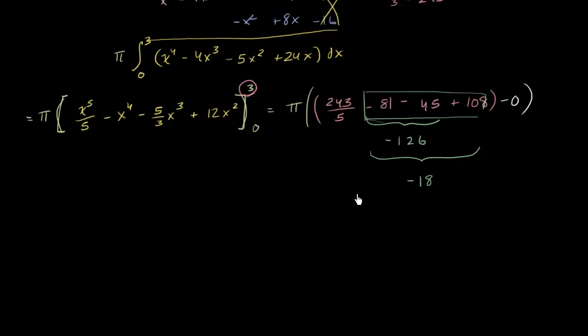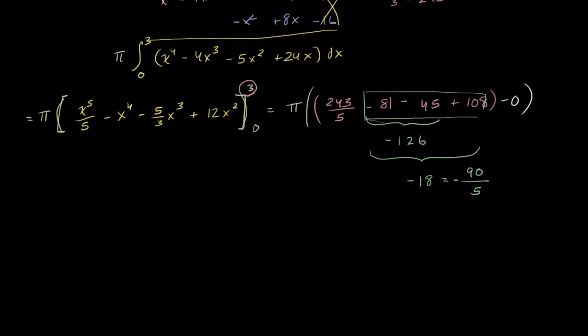Did I do that right? So this is negative 126, and then negative 126, yes, it will be negative 18. So now we just have to write negative 18 over 5. Negative 18 over 5 is the same thing as negative, let's see, 5 times 10 is 50, plus 40. So that's going to be negative 90 over 5.